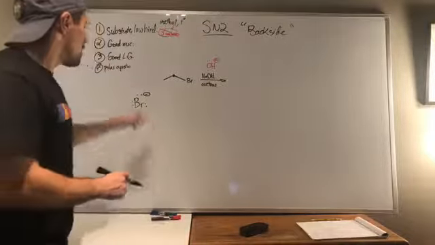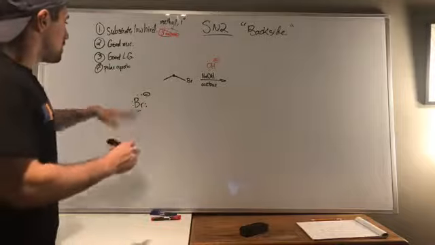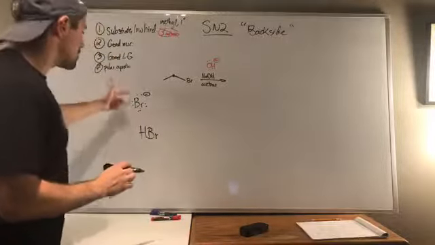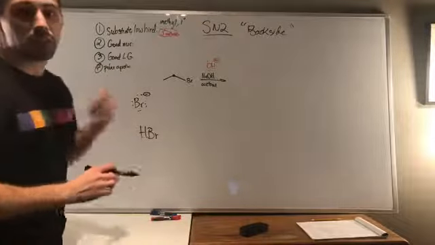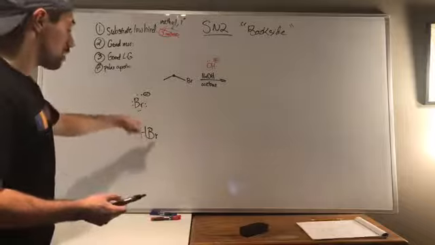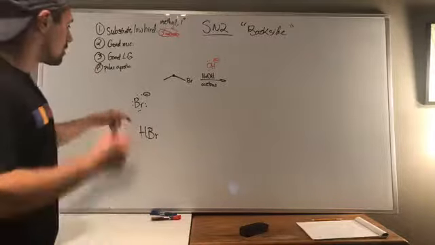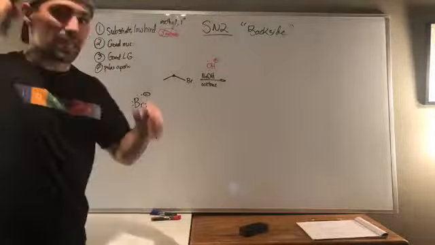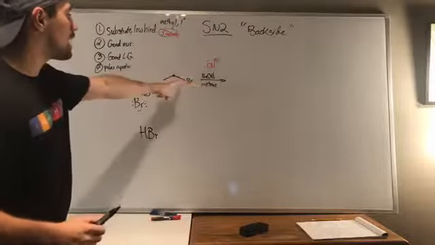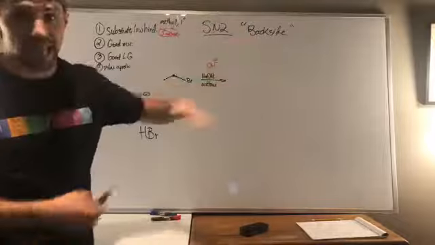This Br minus comes from HBr, its conjugate acid. We can use our acid-base knowledge to say this is a strong acid, so Br minus is super weak and super stable. Nature is comfortable with this reaction going forward, kicking off Br minus and producing that. Cool.